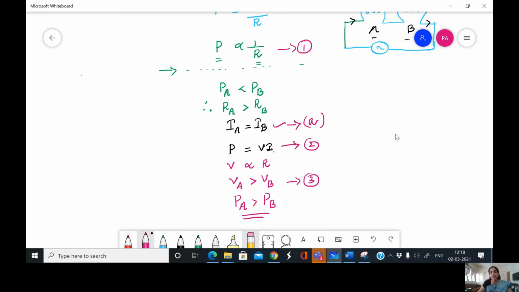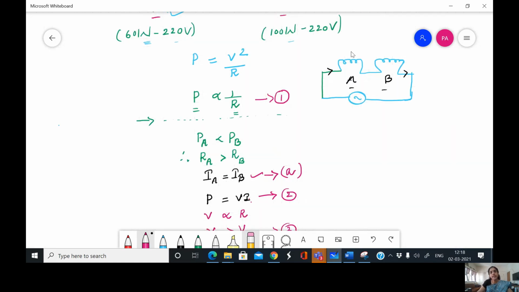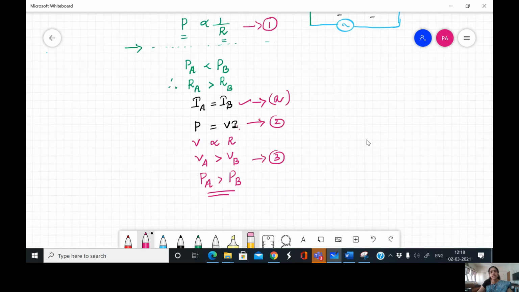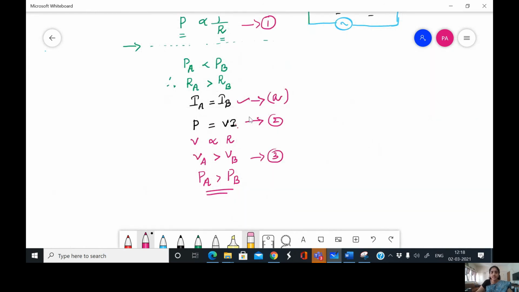What does it mean? In series connection, bulb A lights brighter. Bulb A is a low wattage bulb. So these steps show that when they are connected in series, the bulb A is doing more work for us.